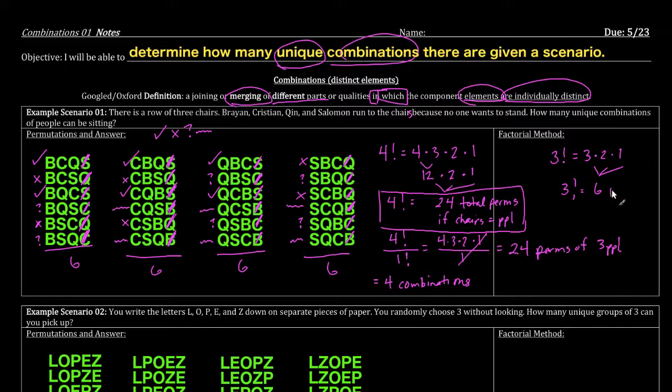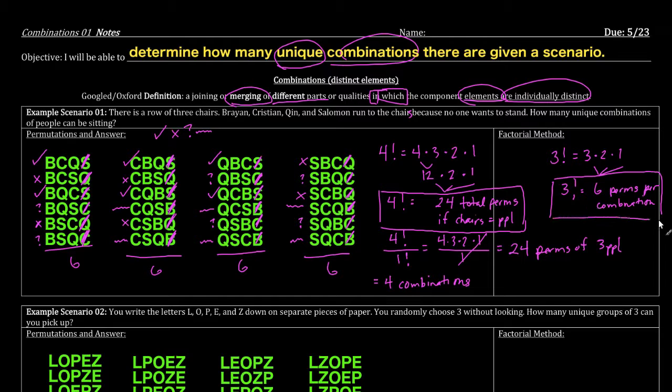So we'll say this is 6 permutations per unique combination. So for this combination, it can show up 6 different ways.